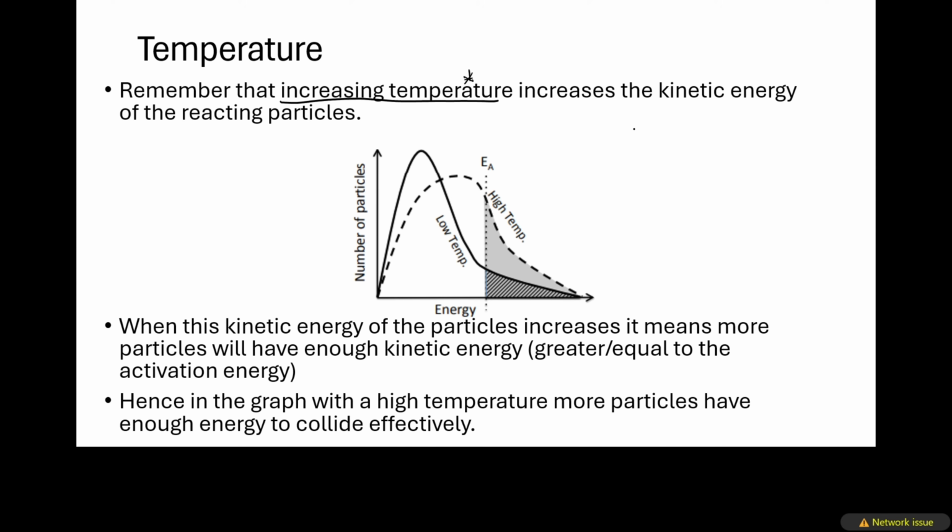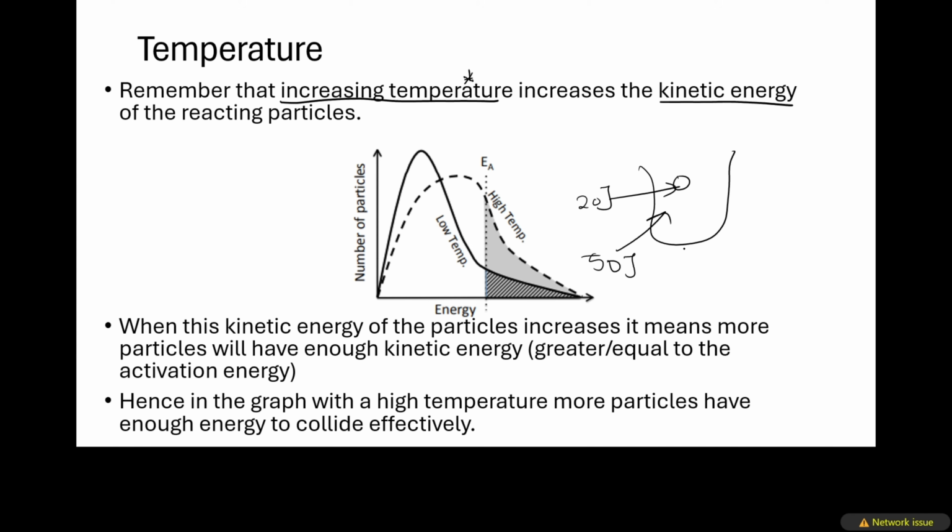When you increase the temperature, you also increase the kinetic energy of the reacting particles. So for example, in this basin, if you have a particle with, let's say, 20 joules, and then you heat it up, it will have maybe 50 joules.